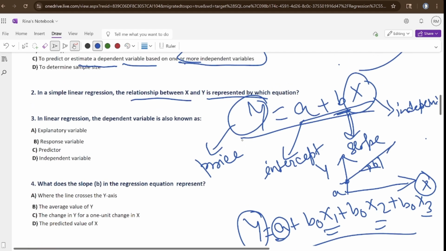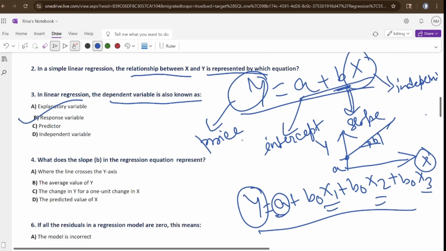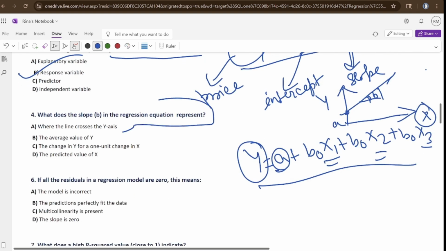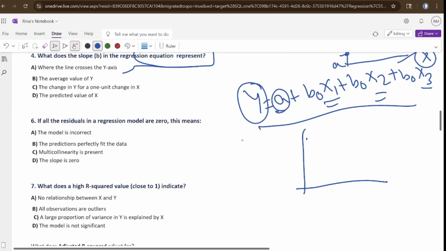Clear? Now, in linear regression, the dependent variable is also known as response variable. What does the slope equation represent? What is slope? What is B? Simply, let's say if I draw this line, this means if I change x from x1 to x2, then what is the change in y? Earlier it was y1 when it was x1. When it is x2, it is y2.